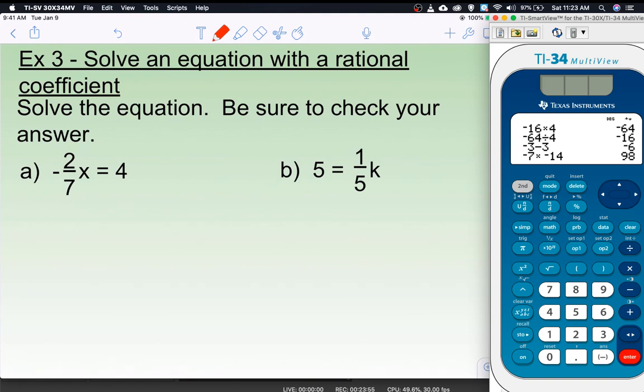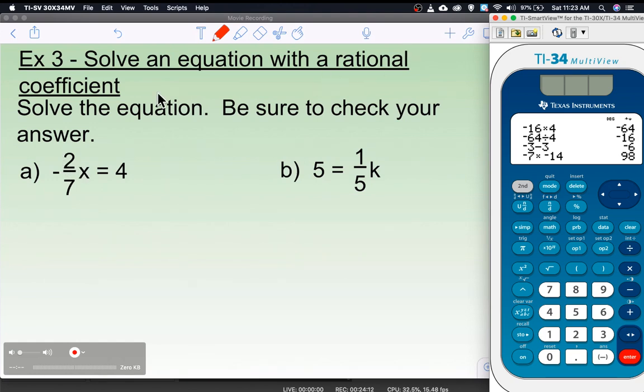All right, so skill 3. We want to be able to solve these equations that have fractional coefficients, rational coefficients. Something that is rational can be written as a fraction. So that's what this is. It says with a rational coefficient, this is a rational number, a fraction.